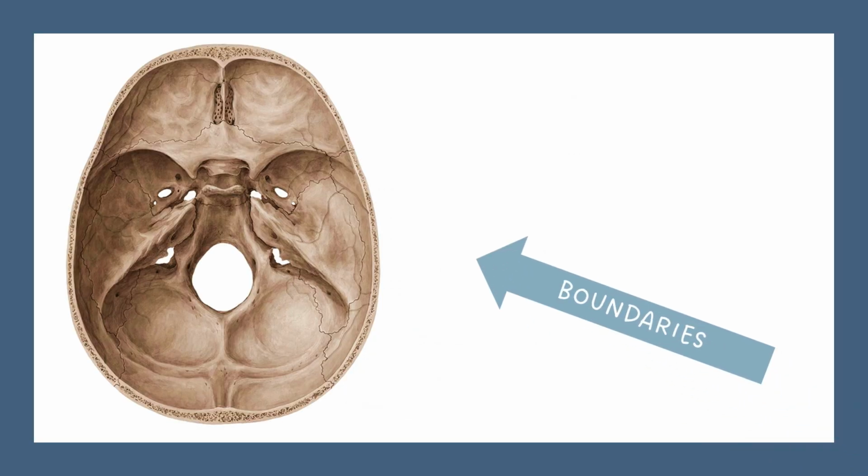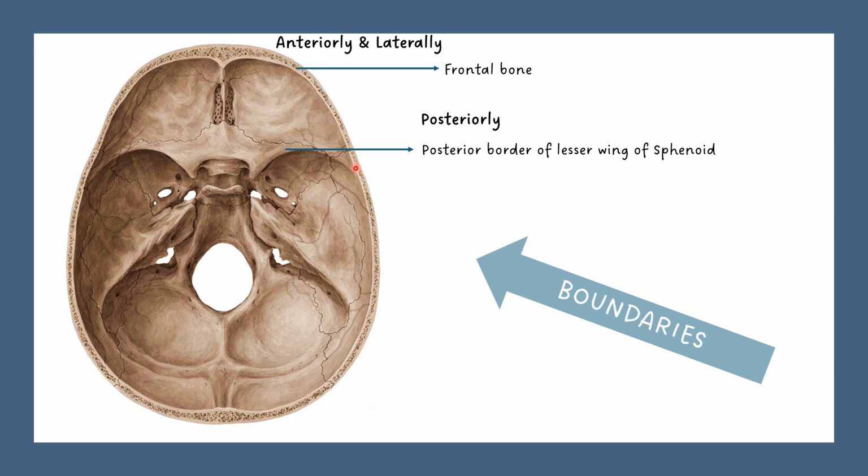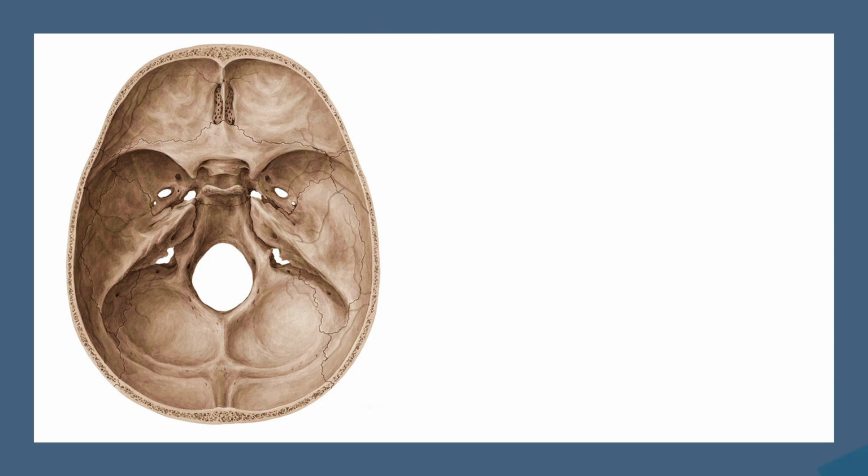The anterior cranial fossa is bounded anteriorly and laterally by the frontal bone. Posteriorly, it is bounded by the posterior border of lesser wing of sphenoid, the anterior margin of sulcus chiasmatis, and the anterior clinoid process.